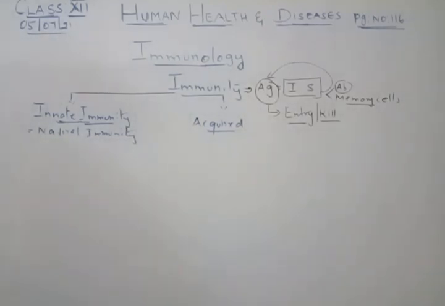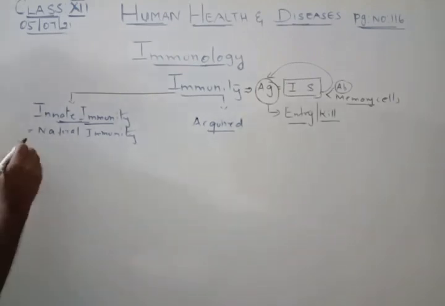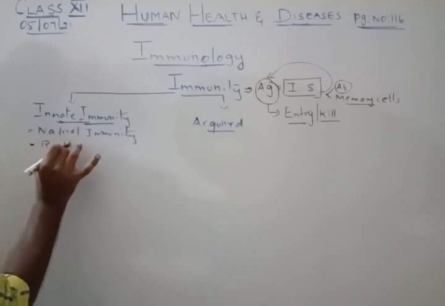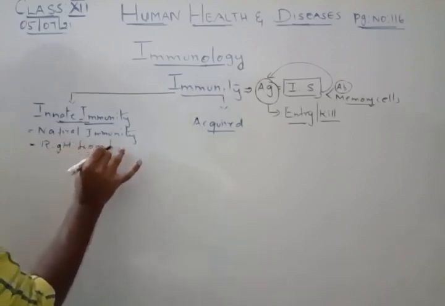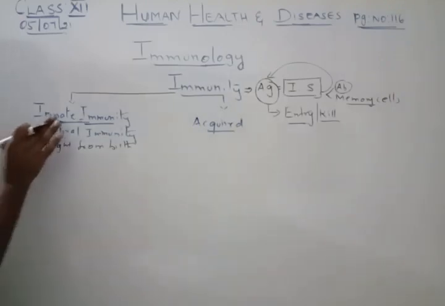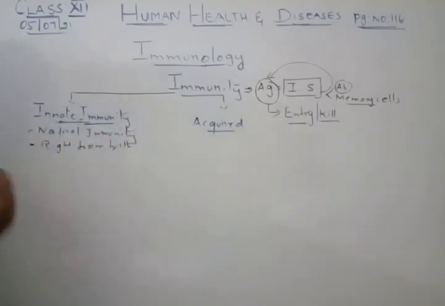That is number one. From where did you get this? Right from birth. So this immunity is called innate. Innate means inborn, born within. Naturally it has occurred, so that is called innate immunity.